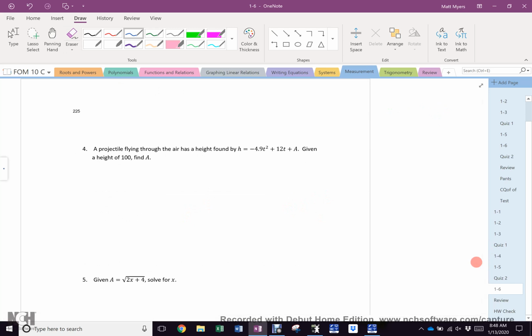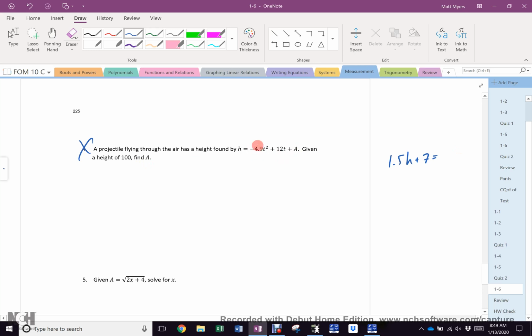Actually, you know what? Skip it. Why do we have to skip 4? Because you could do this. You could do 1.5h plus 7 equals something, right? If I told you I want a by itself, that's pretty easy, isn't it?